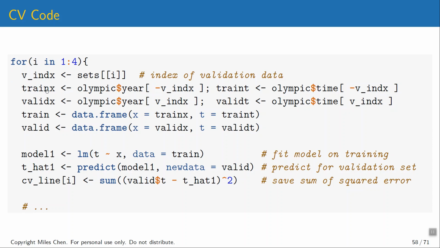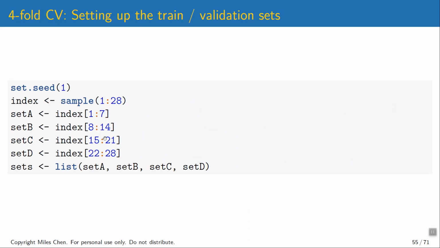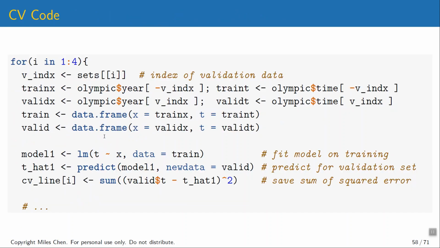My training X is everything in the original data minus the validation index, so that's my training data. The validation data is everything in my data that has the validation index. So the validation index is one of these sets I've created, say observations 5, 10, 15, and 7, and whatever else forms our validation set.